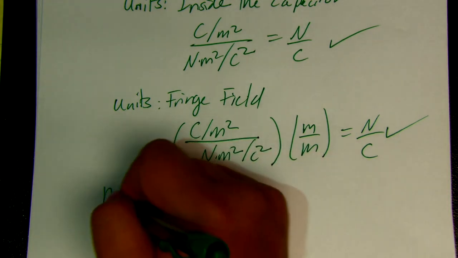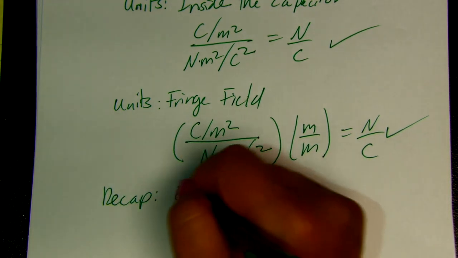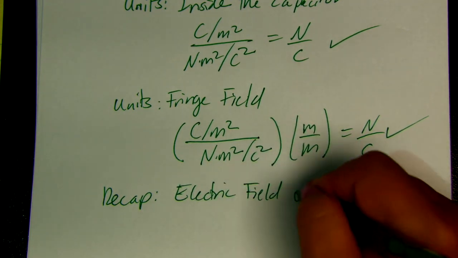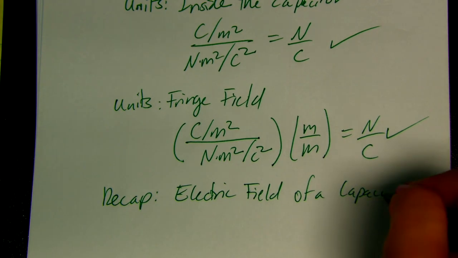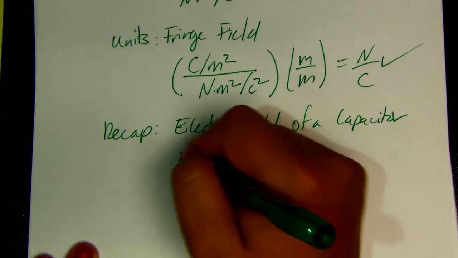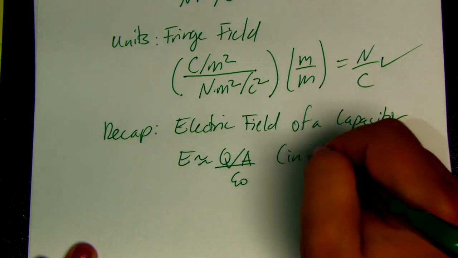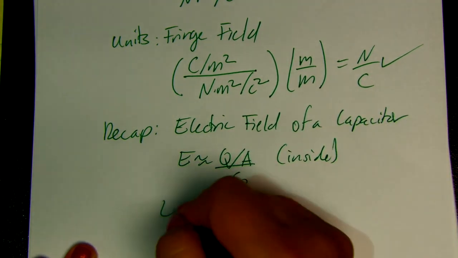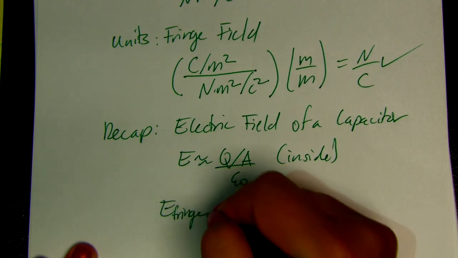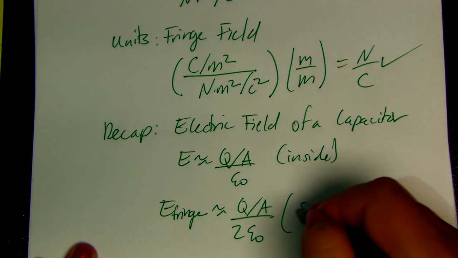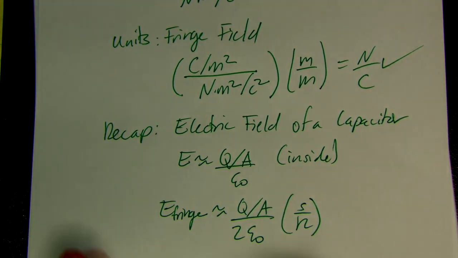And so let's just quickly recap, as these are important values that we will see quite often: the field of the capacitor is approximately Q over A over epsilon naught inside, and the fringe field is approximately Q over A over 2 epsilon naught S over R, which is outside. All right, and that wraps up 15.5.